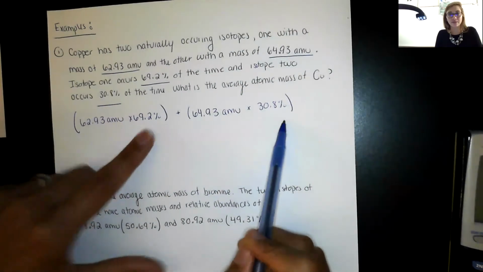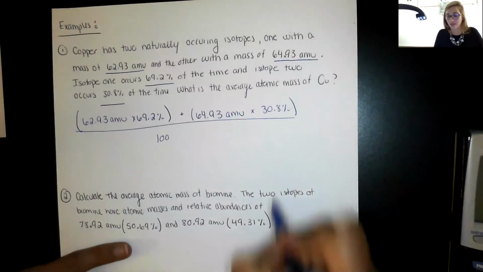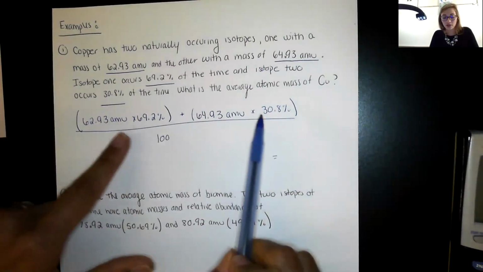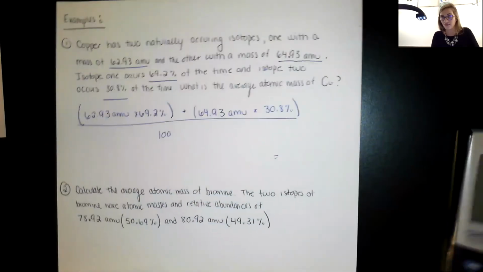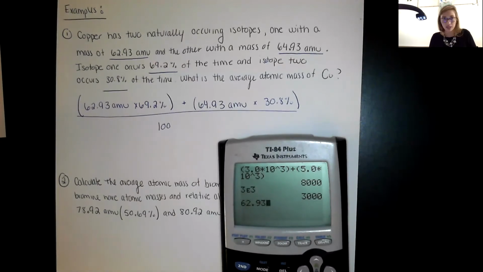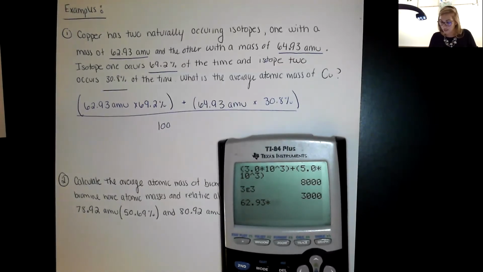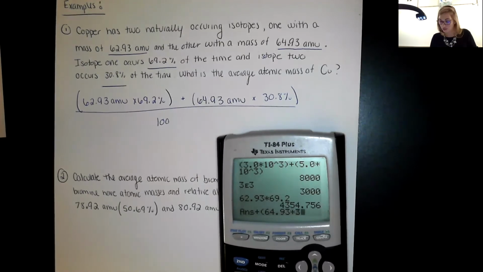Because I kept these in percents, I'm going to divide by 100 at the end. So I do everything in the parentheses first, then add them together, and then divide by 100. So 62.93 times 69.2, plus parentheses 64.93 times 30.8.